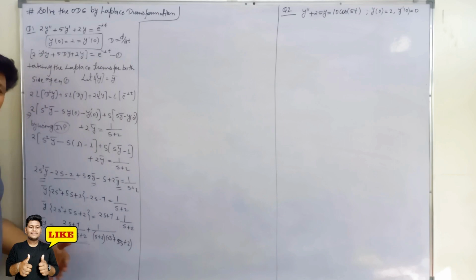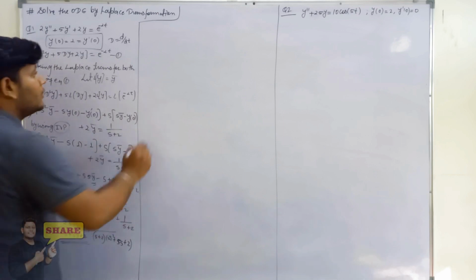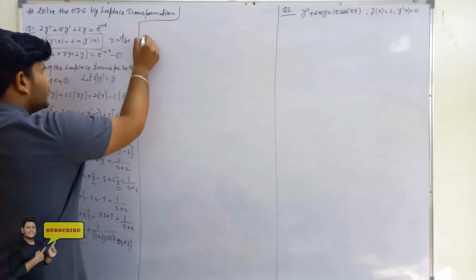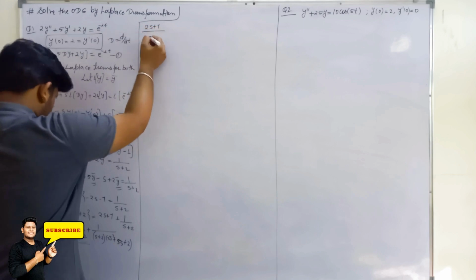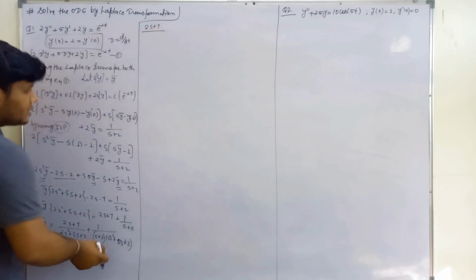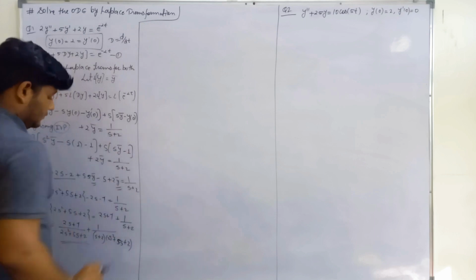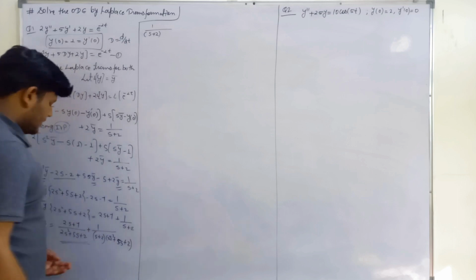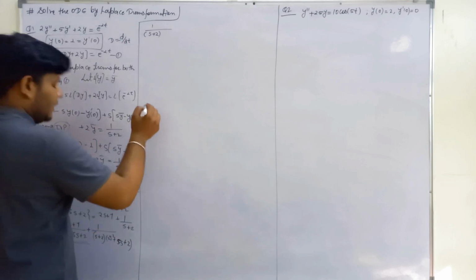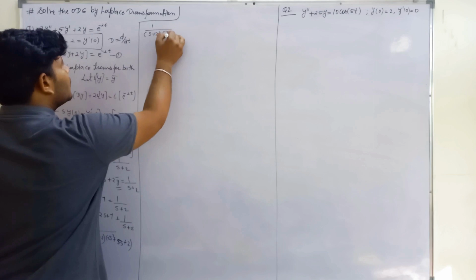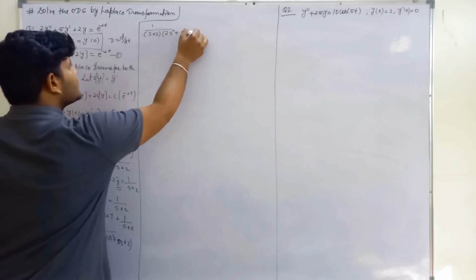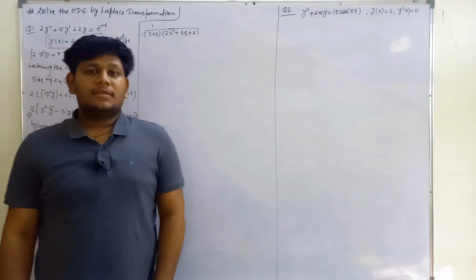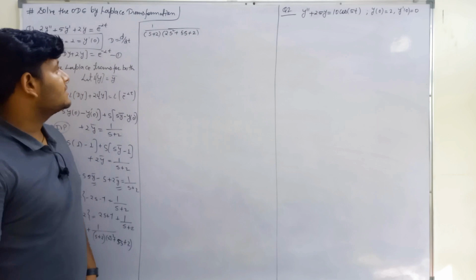So for that we have to solve this. I'm taking the Laplace inverse, so basically I'm going to solve these terms. Firstly, 2s plus 7 upon 2s² plus 5s plus 2, and then 1 upon s plus 1 times 2s² plus 5s plus 2. We have to use partial fractions on these terms.